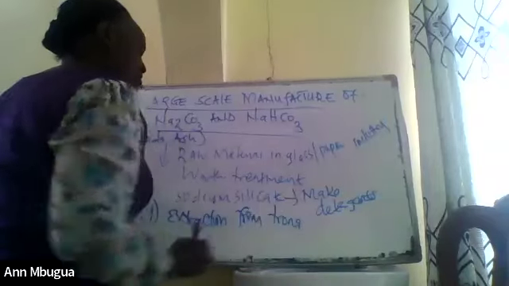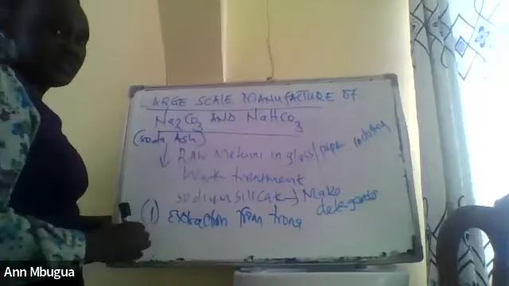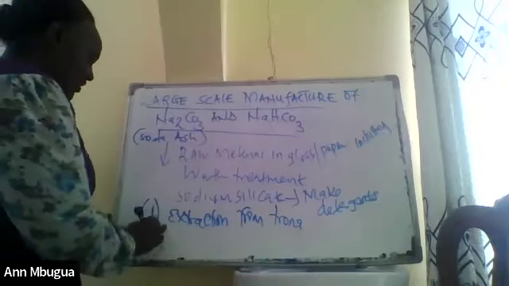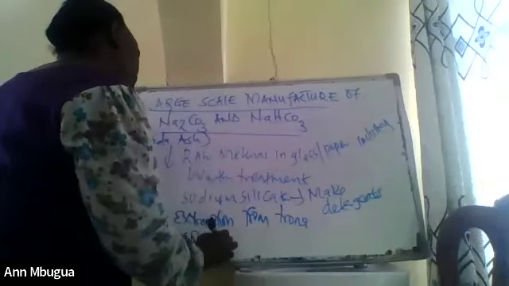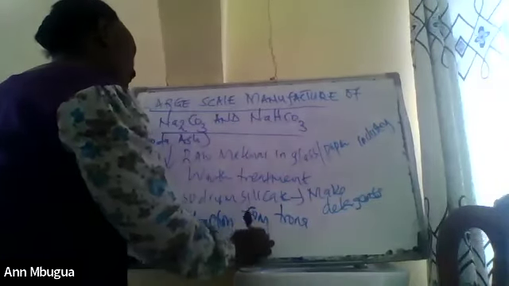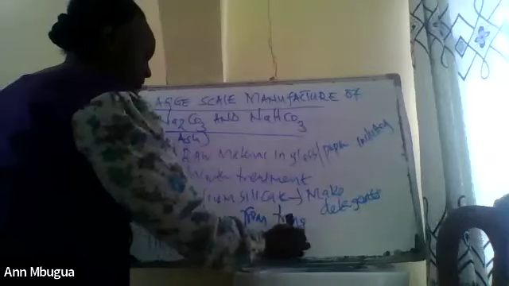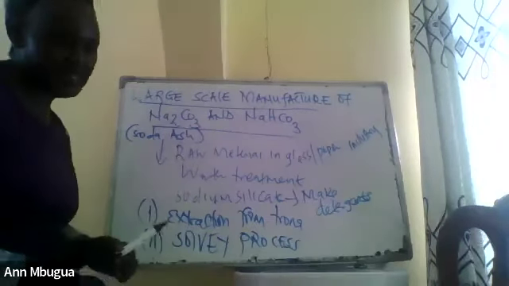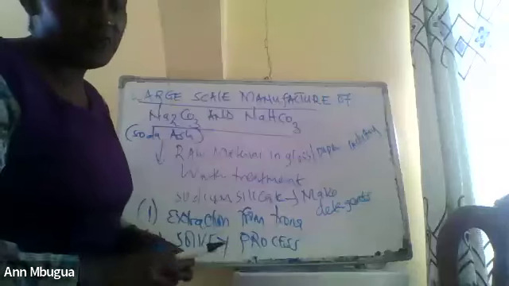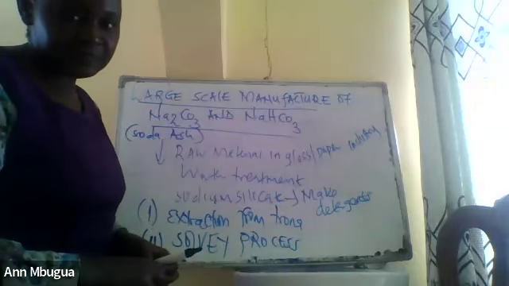The first is through extracting it from trona. The other method is known as the Solvay process, which is highly tested in exam in form of a flow chart.